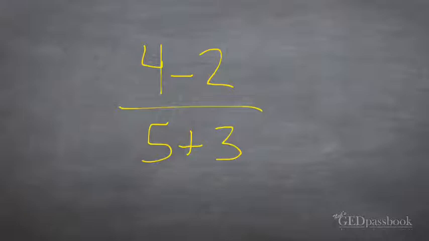Technically speaking, put this in your memory bank, even though it's not there, a problem like this does have parentheses. It has it around those operations. It's because before you could even divide anything, you have to solve the top and you have to solve the bottom so that then you could divide.